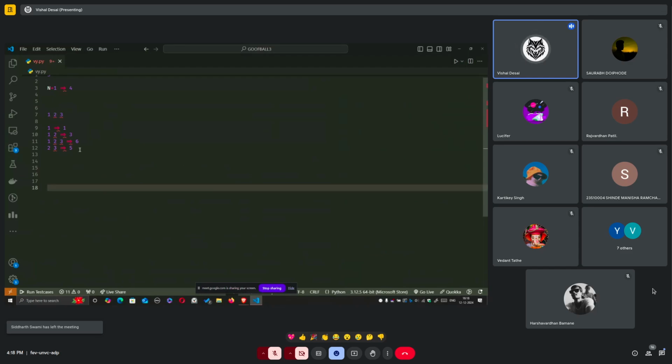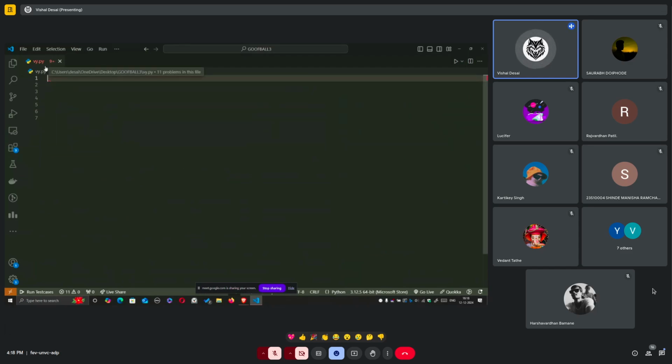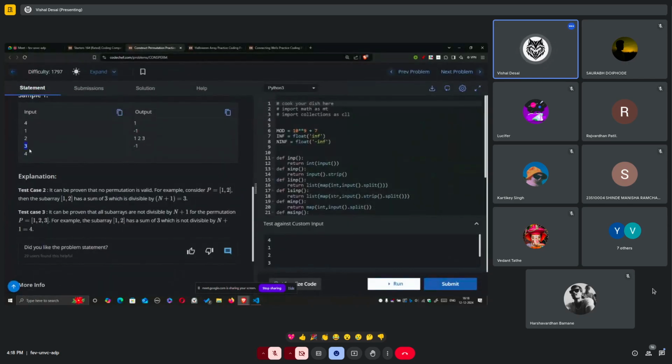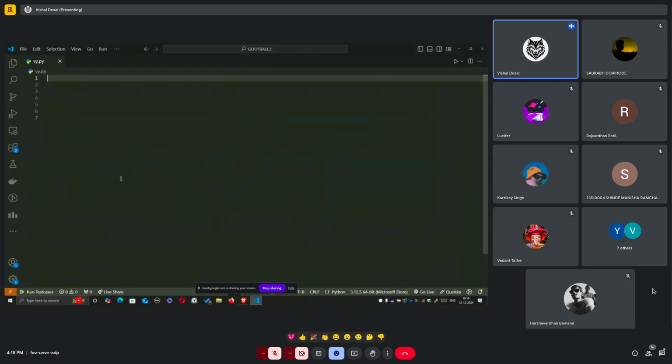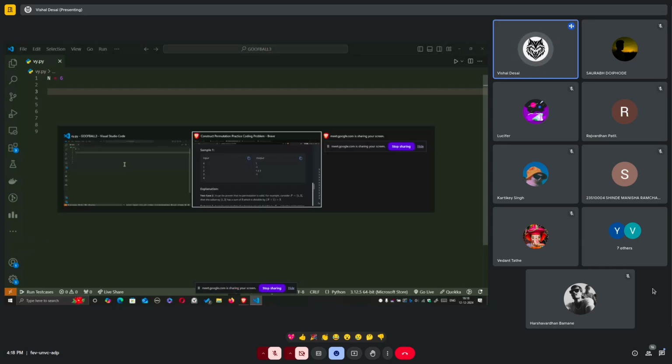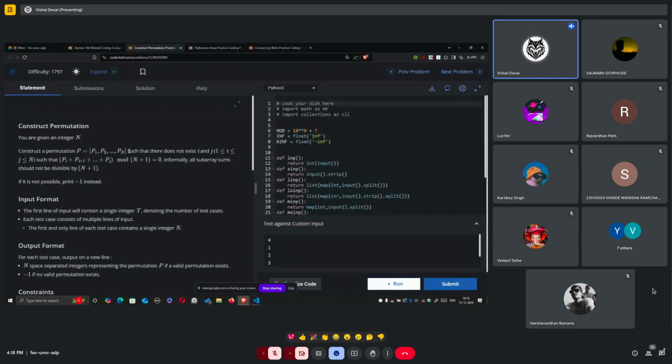Okay. So if you observe carefully in this input only, as we can see, it is given minus 1 for n equals 2 and minus 1 for n equals 4. And if you check for n equals 6, which is an even n, then you will find out that for even numbers, it is not possible to construct such a permutation where this condition follows.